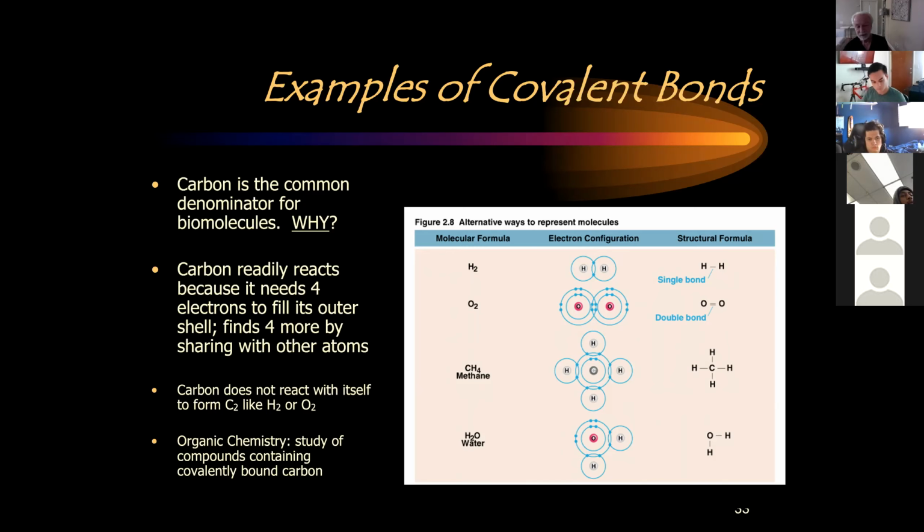And that's stated in the second point here, that carbon readily reacts because it needs 4 electrons, and it finds 4 more by sharing. And remember, a covalent bond is defined by sharing. And in fact, there's a whole discipline, organic chemistry, that studies nothing but carbon compounds.